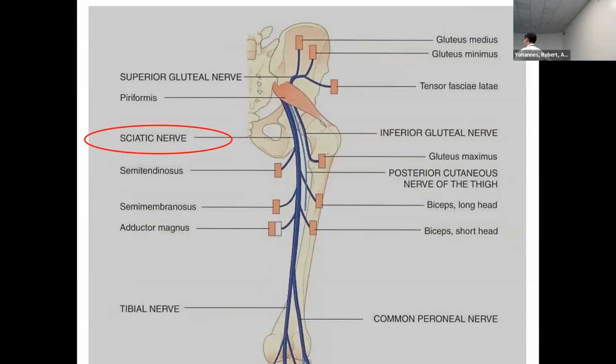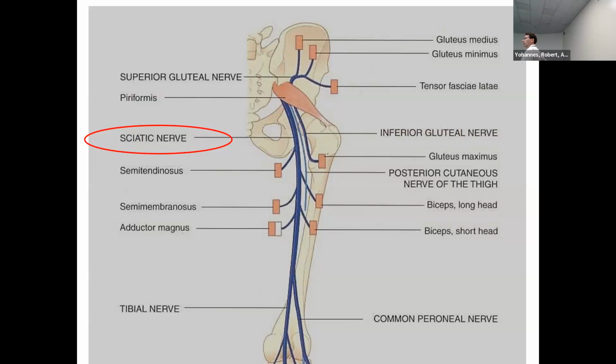It's rare and controversial, but there is a situation where the piriformis muscle compresses the sciatic nerve, and so everything below that compression can be weak. They may do surgery, cut through the piriformis, and apparently some patients get better. But that's rare. It's another location that can cause a drop foot.